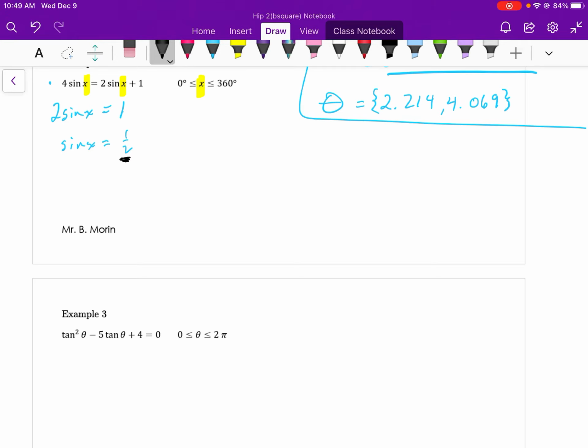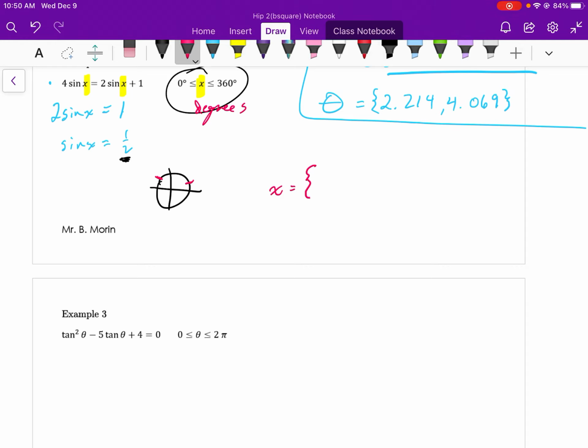This right here in my domain, I know on my unit circle, I'm looking for the sine value that is equal to 1/2 in degrees. So this is a special angle. So what are we looking for?